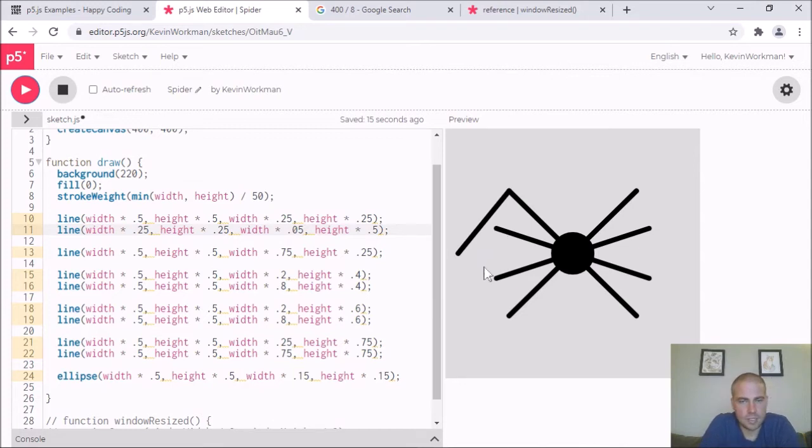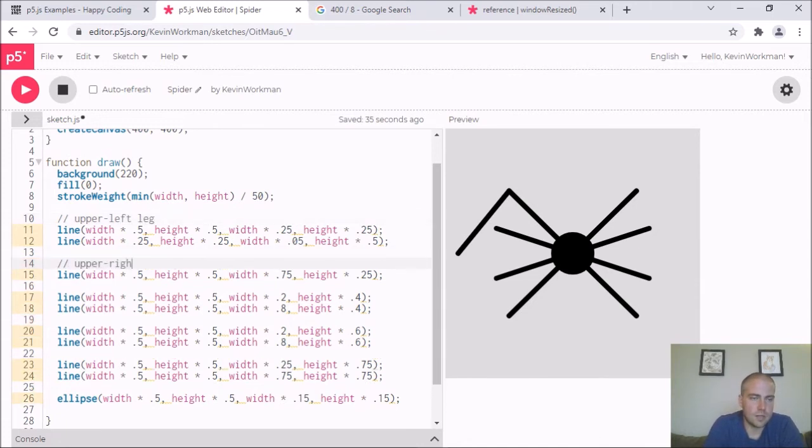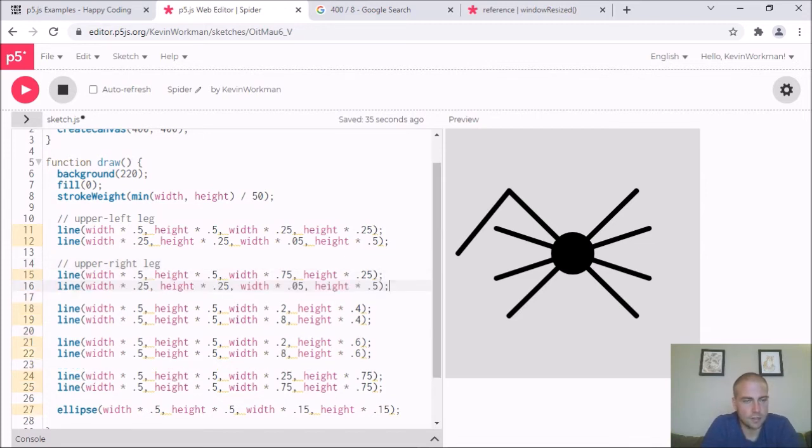And you can maybe guess at the pattern that I'm going to follow. So okay, I've got my upper left leg. Maybe I'll add some comments: upper left leg, and this is your upper right leg. I want to follow the same pattern where I go from the ending point of my second leg, my upper right leg, which is 0.75 and 0.25.